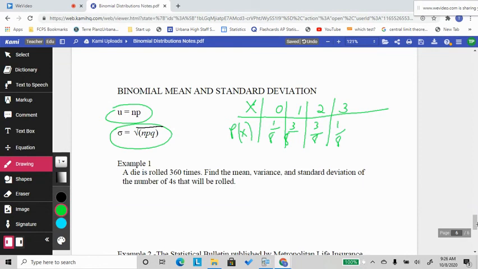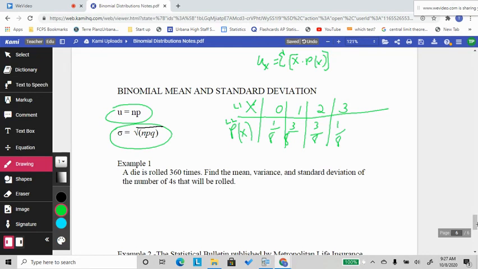The other way to do this, which was the lesson from the other day, to find the mean of a probability distribution, we had to take our x's times our probabilities, multiply them together. So this was like list 1, this was list 2. We had to multiply them together, and then we added them up.